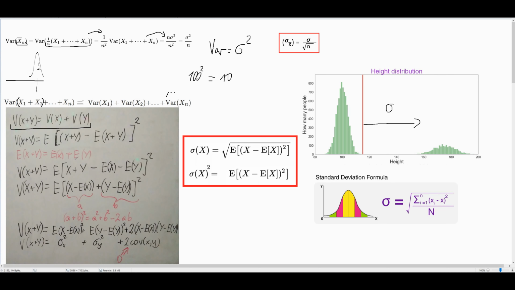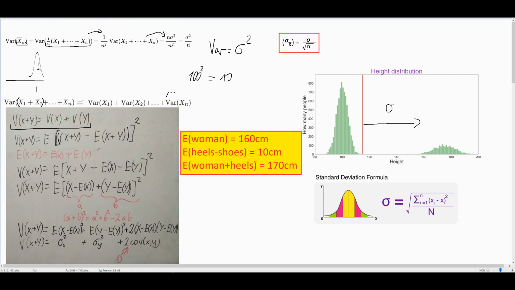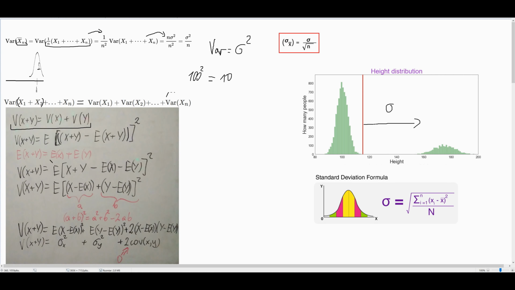Standard deviation has this formula, but it can also have this formula, and this is the standard deviation squared. The expected value of a sum is the expected value of the first thing plus the expected value of the second thing. Imagine this: if the average height of a woman is 160 centimeters and the average height of the heels is 10, how tall would a woman be in heels? Well, 160 plus 10. So we can use that later on. Okay?